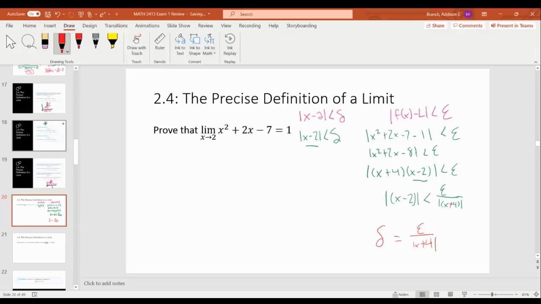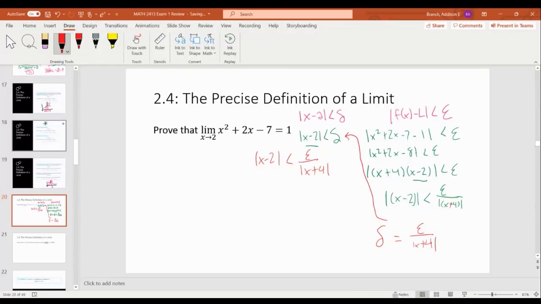But now we just have to double check and make sure that this statement is accurate. We discovered it using our epsilon equation, so we'll plug this statement back into our delta equation. So now x minus 2 is less than epsilon over x plus 4.